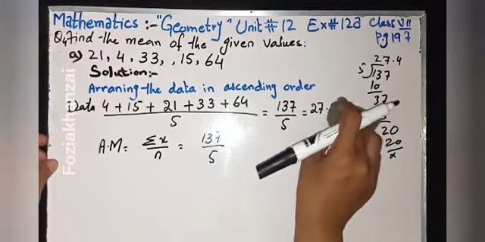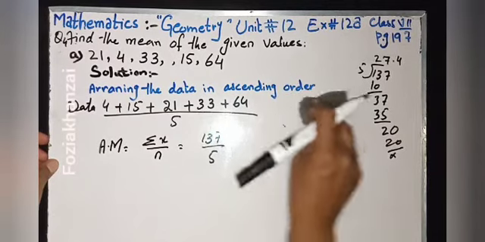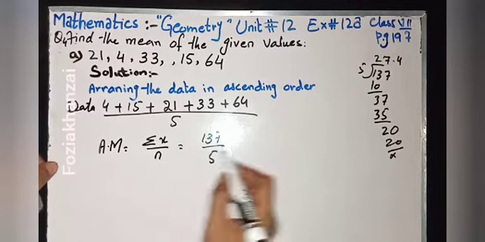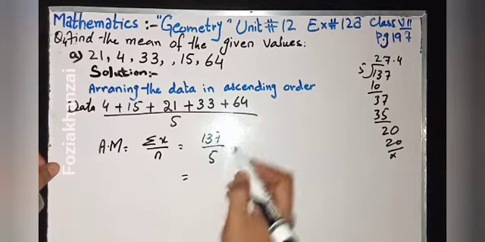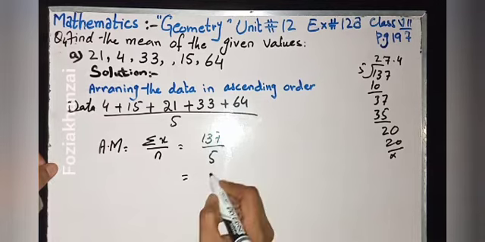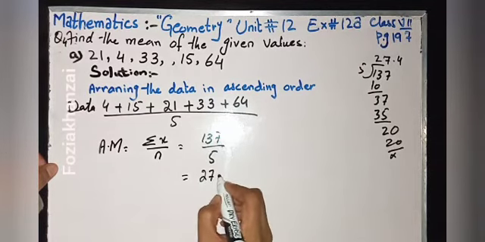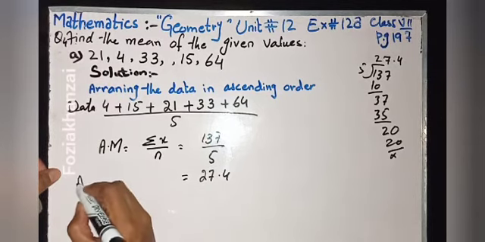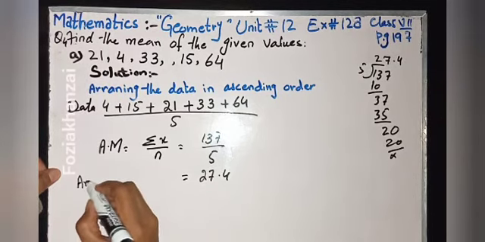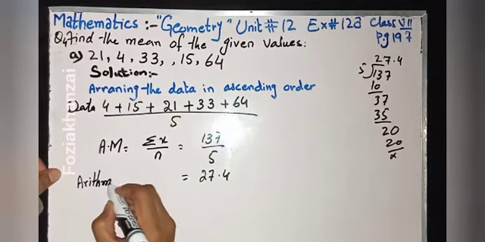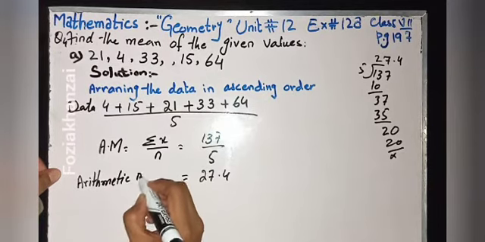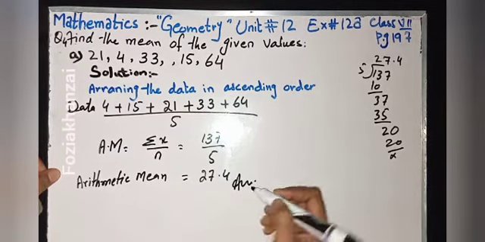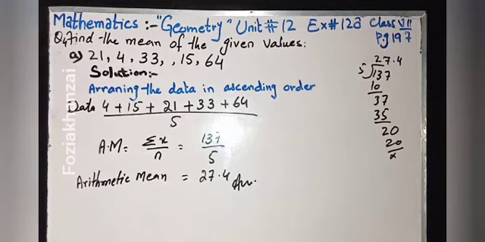Girls, don't write over here. Apply the formula, then add them. After adding, divide. After dividing, we get the answer 27.4. It's called AM, or write, it's up to you, the full spelling: arithmetic mean 27.4, the average value of the data.